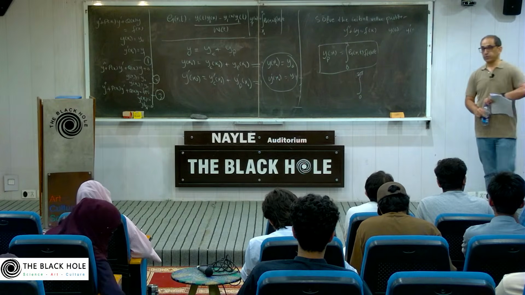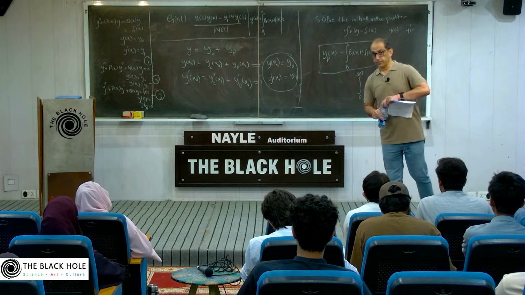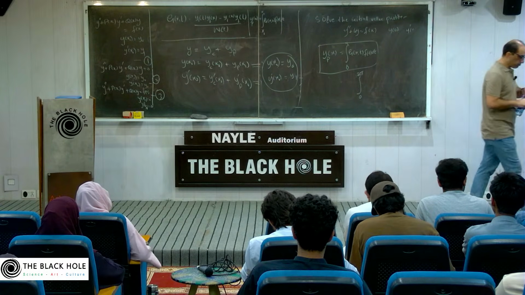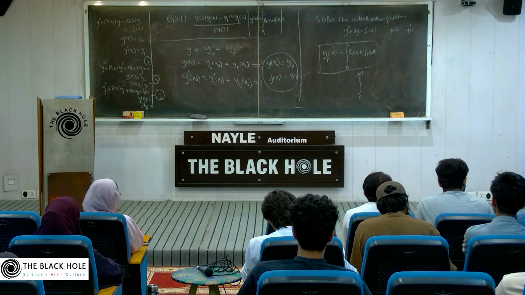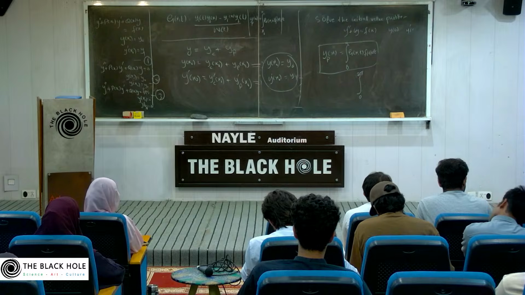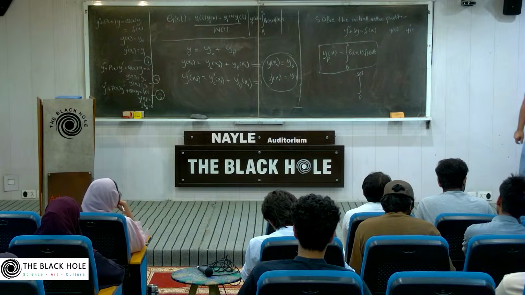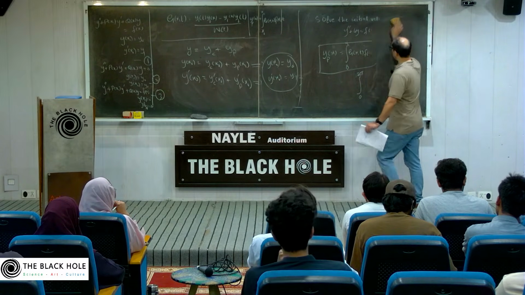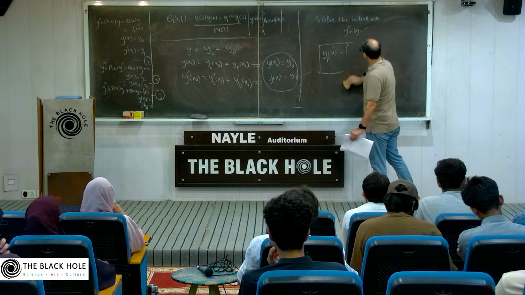I hope there are a couple of questions that might have come to your mind. Okay, then we begin. And I'll remind you about the boundary conditions, and then we will talk about the rest.